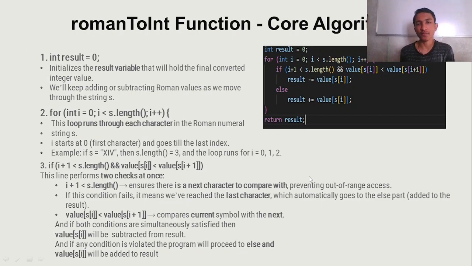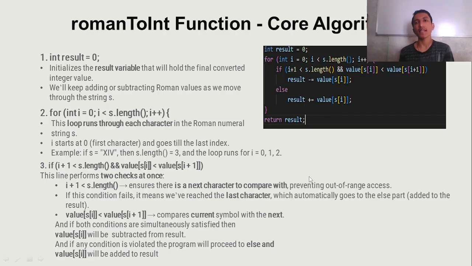Now, the second part of our code. First, we initialize the result variable that will hold the final converted integer value. We will keep adding or subtracting Roman values as we move through the string, that is forward scanning, as we have talked about. Now, this for loop is for forward scanning. This loop runs through each character in the Roman numeral string s. i starts at 0. What is i?